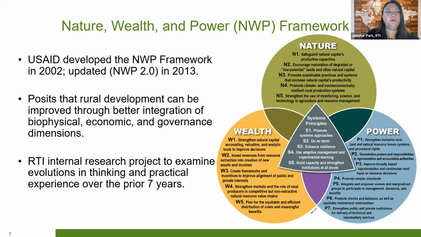It posits that rural development can be improved through better integration of biophysical or nature, economic or wealth, and governance or power dimensions. And there on the right side of your screen, you can see a Venn diagram that shows the overlap of the nature, wealth, and power dimensions. And in the triangle in the center, at the core of the approach, are the systems principles.